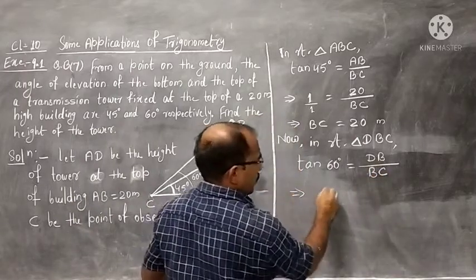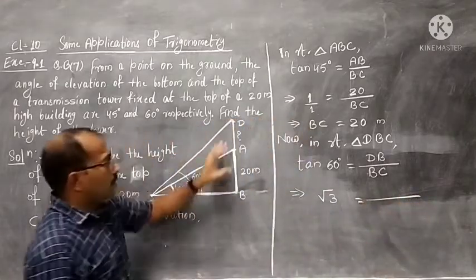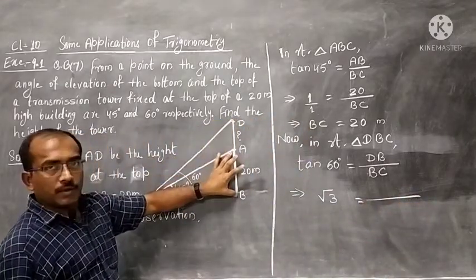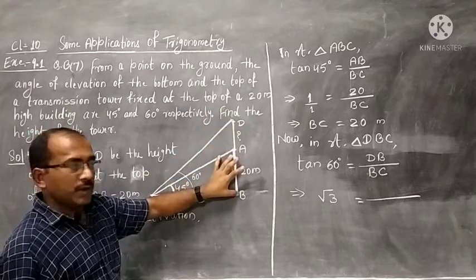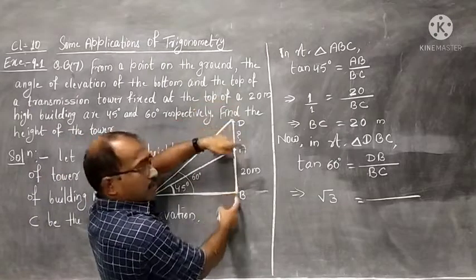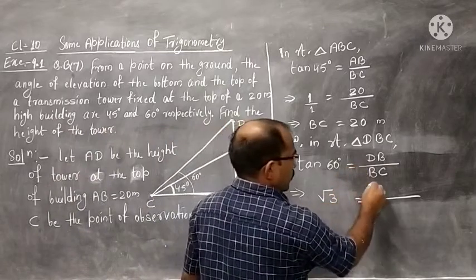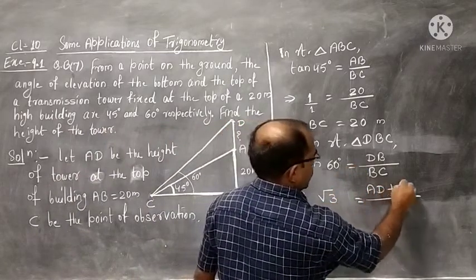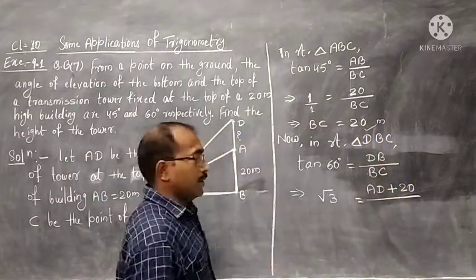Tan 60 degree value we know, that is root 3. When we look at the figure, DB is in two parts, DA plus AB, or AD plus 20. So DB is equal to AD plus 20. BC we have got here, 20 meters.